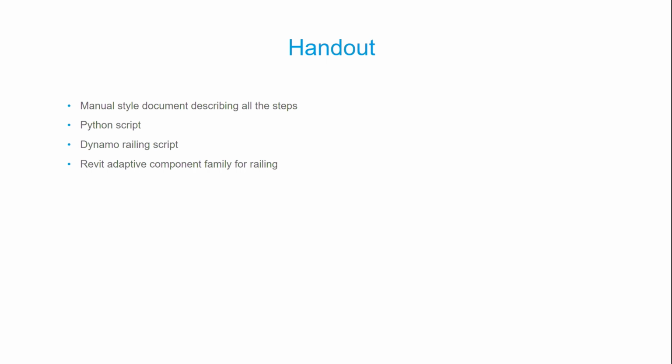We did not yet create shop drawings for this bridge, but we did create the shop drawings for the cable stay bridge, which I've shown, which uses the same workflow. And for other types of bridges, which I did not show, but also use the same workflow.